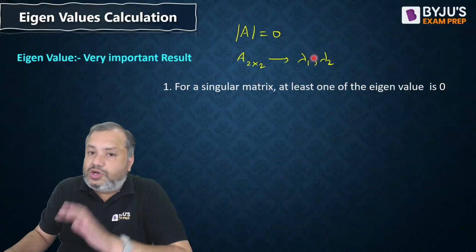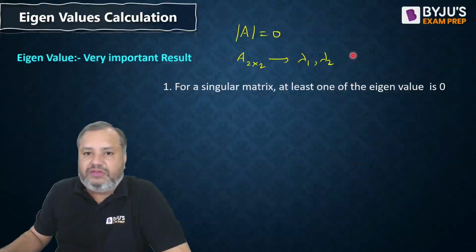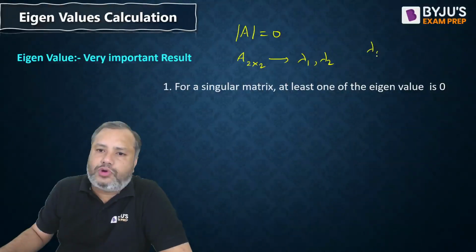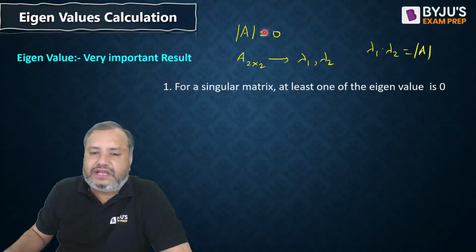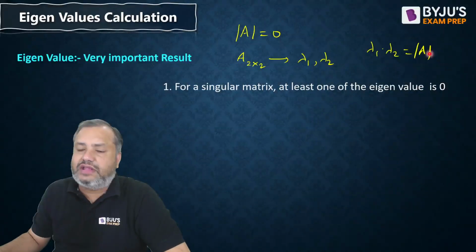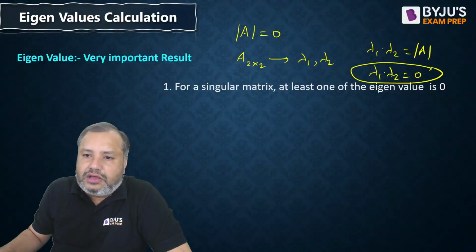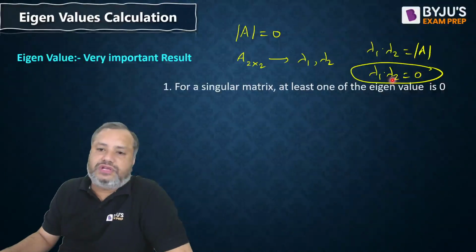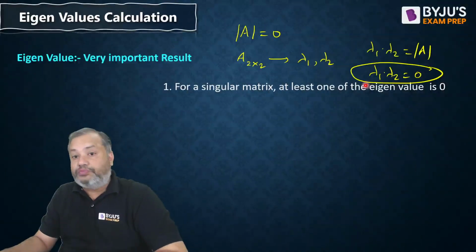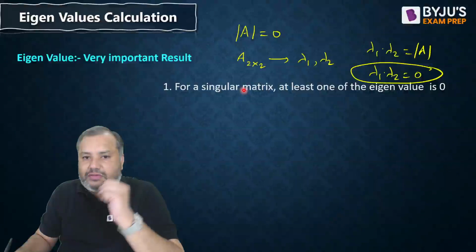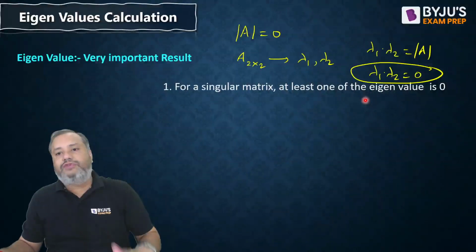As per the note we just went through on the previous frame, the product of these eigenvalues will be equal to the determinant. And if it is a singular matrix, then this determinant will be 0. So the product of eigenvalues will be 0. This condition leads us to a special conclusion that at least one of them will be 0. It means if you are having a singular matrix, then at least one of the eigenvalues will be 0.